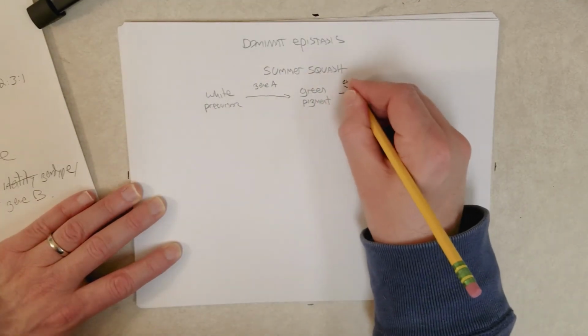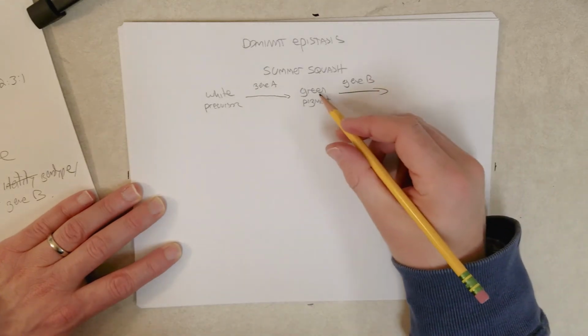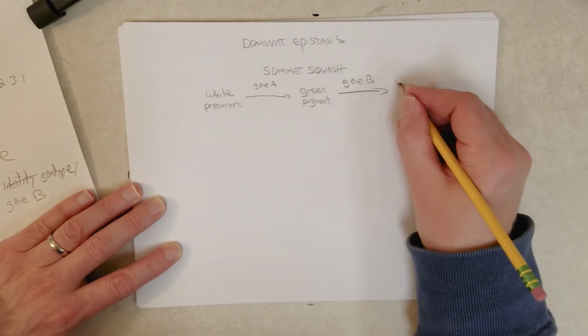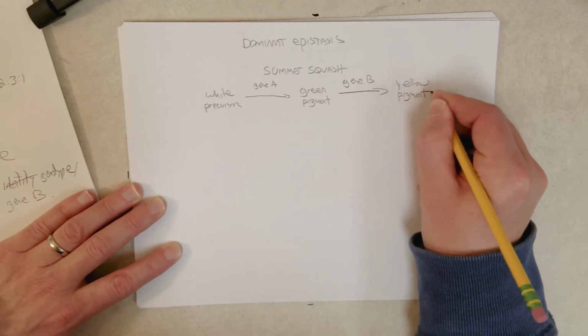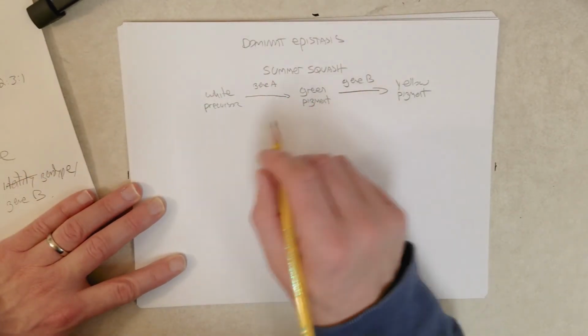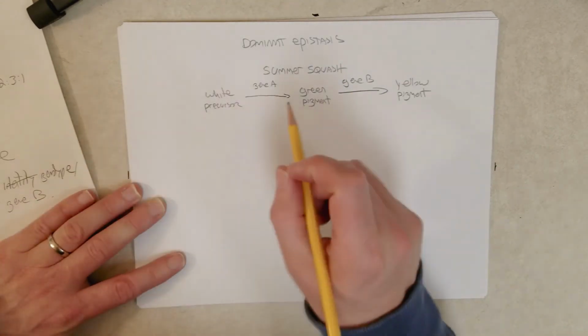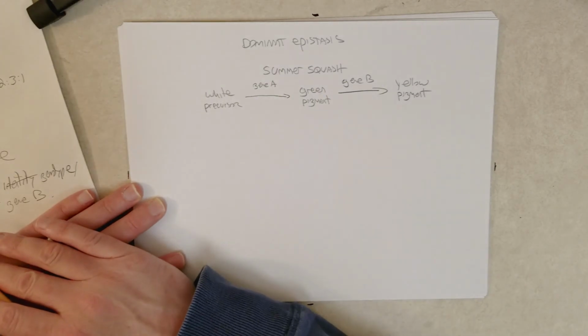And then gene B, well, it's responsible for turning the green pigment into a yellow pigment, to give us yellow summer squash. Now, it's a little different than the last. I mean, in addition to these being plants and the other example being mammals or mice.